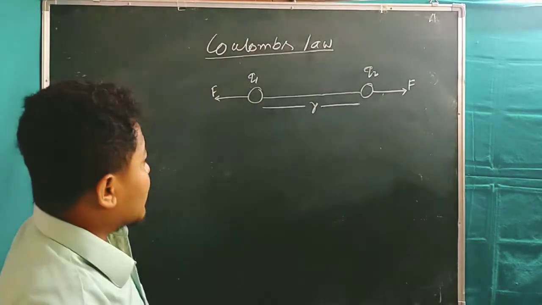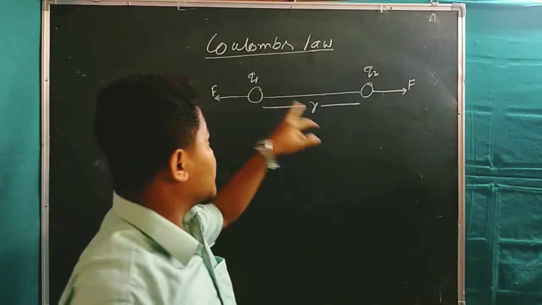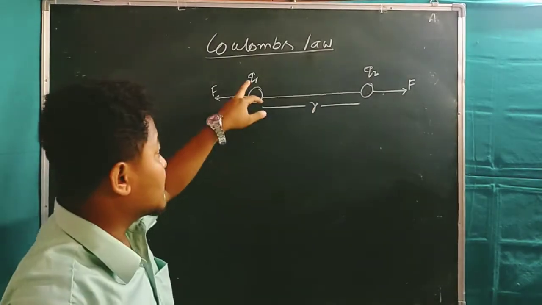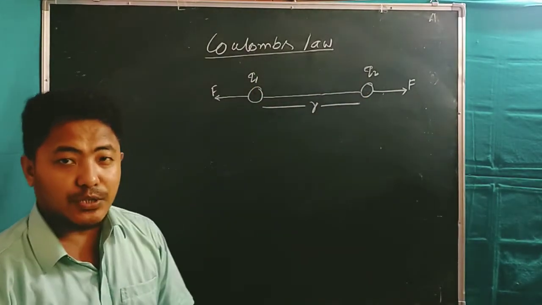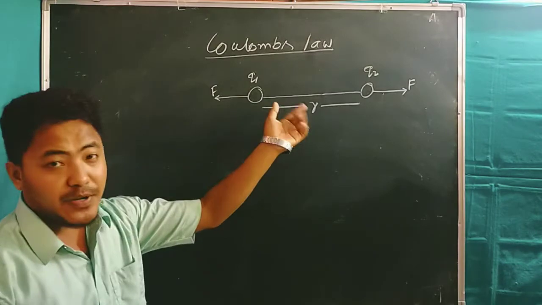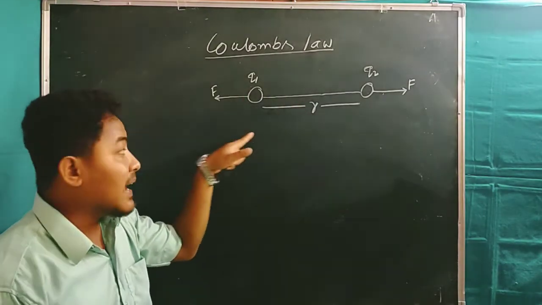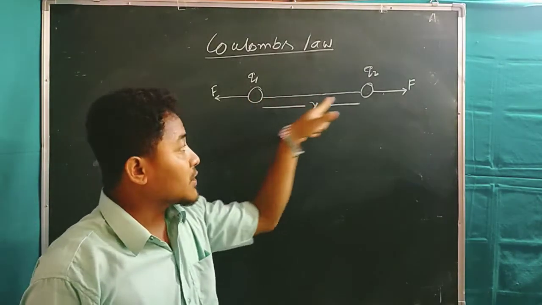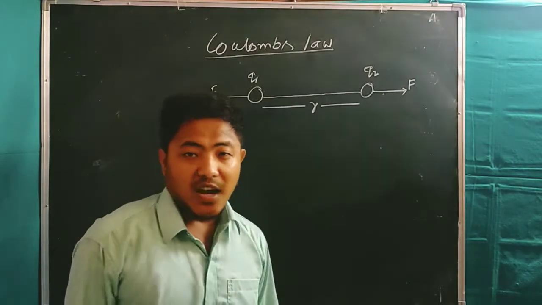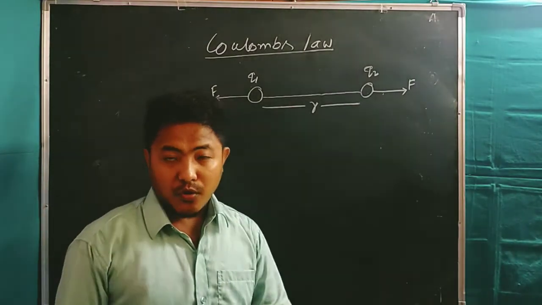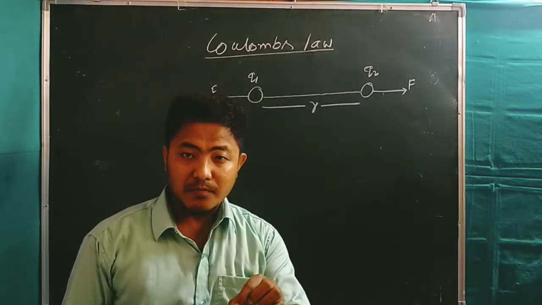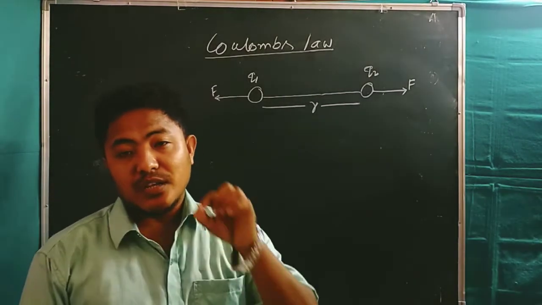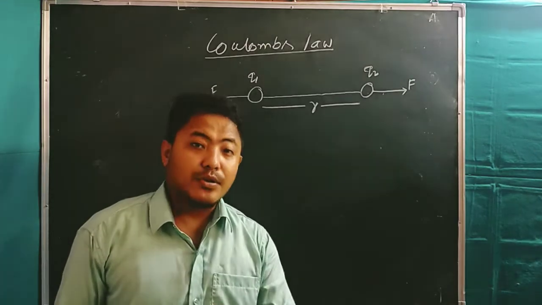Now this F is the force exerted between the charges Q1 and Q2, and the distance between the two charges we have considered is r. So according to Coulomb's law, the electrostatic force between any two charges is directly proportional to the product of the charges.